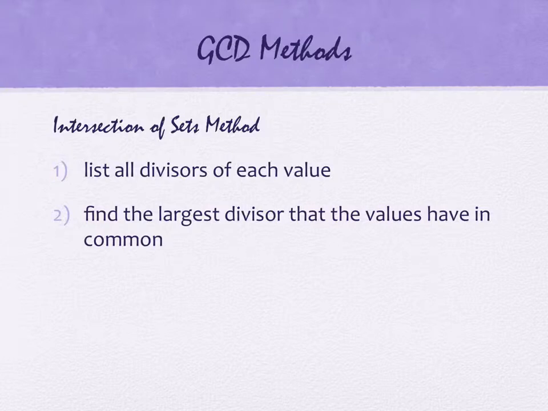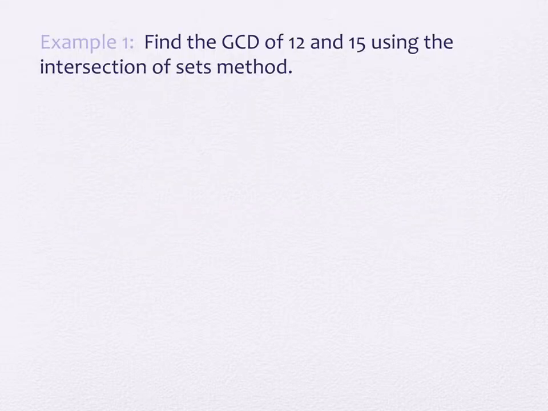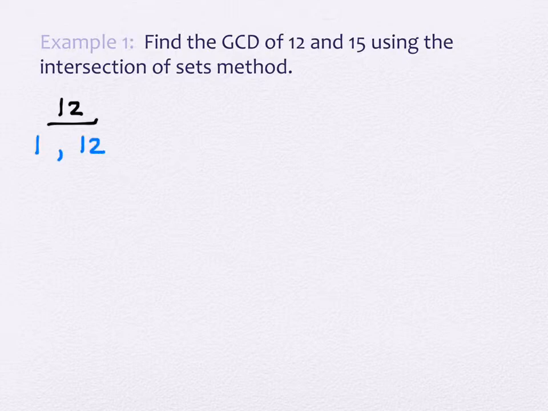So we're going to start with some numbers that are pretty small to do this with, 12 and 15. I'm going to write down the divisors of 12. I'm going to put these in pairs. So I'd have 1 and 12. What's the next smallest number besides 1 that divides 12? 2, and it'd be 2 and 6.